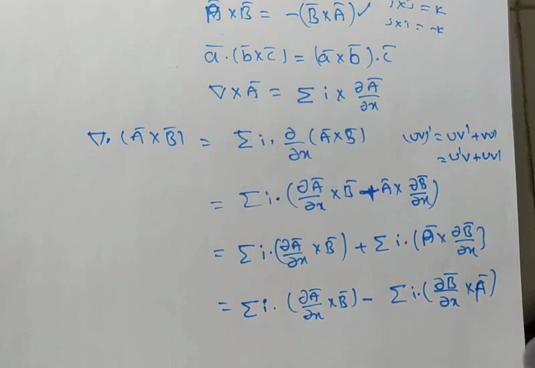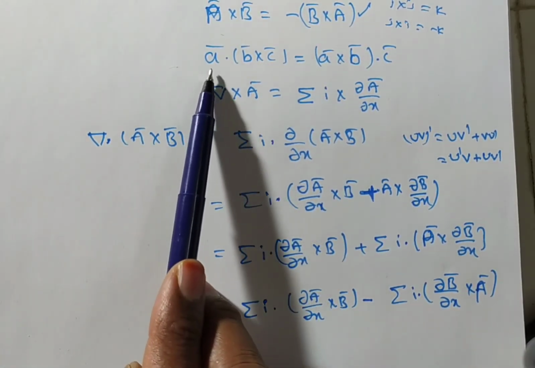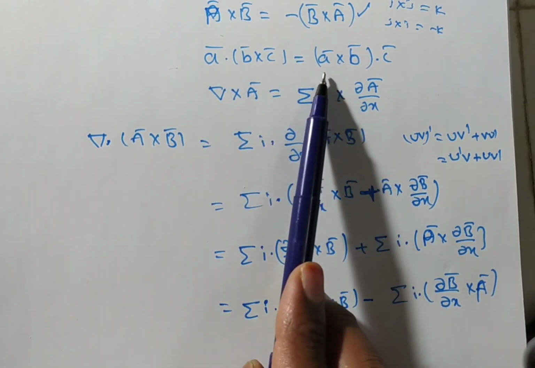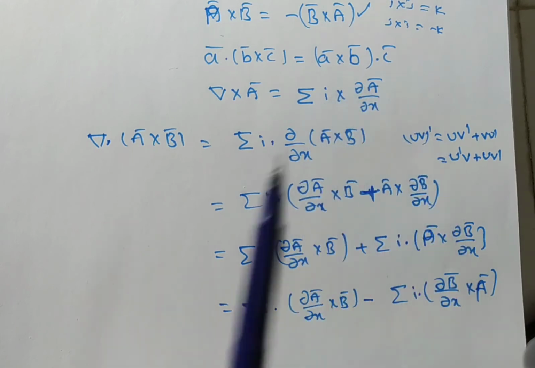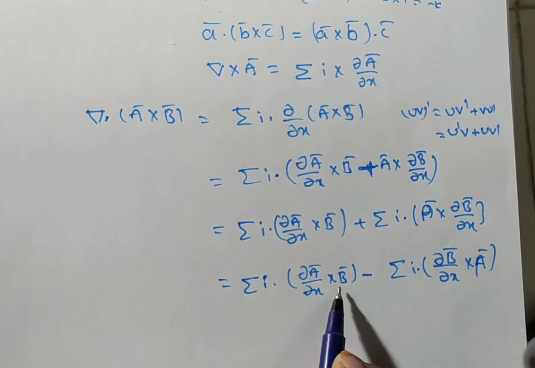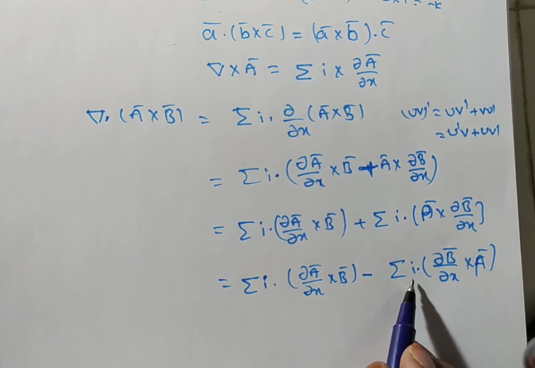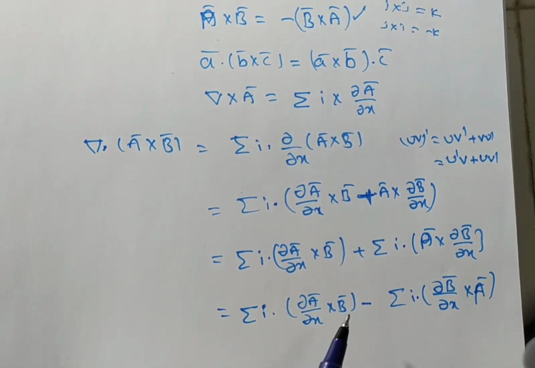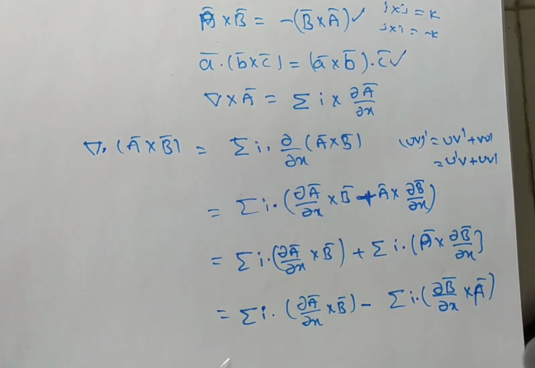Next, we are using the third formula. What is the third formula? The dot product a bar dot (b bar cross c bar) you can write as (a bar cross b bar) dot c bar. You observe that both are similar. So which formula can you apply now? The third formula.